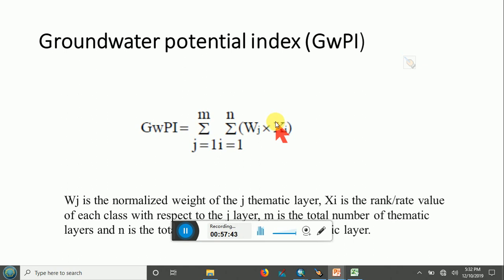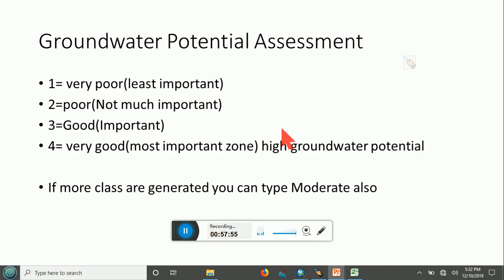So W is the percentage influence, and this is the scale for each and every thematic layer that we assumed will influence the groundwater potential in this specific example. So lastly, maybe we will have a groundwater potential zone from 1 to 5 or from 1 to 4, where 1 is very poor, less important, and 4 is very good, which is most important.